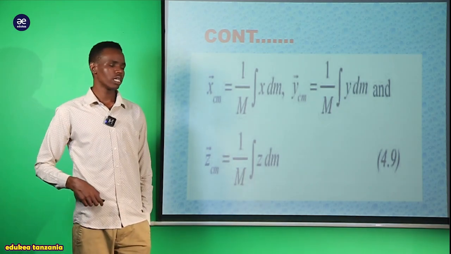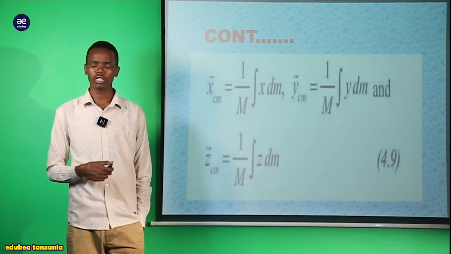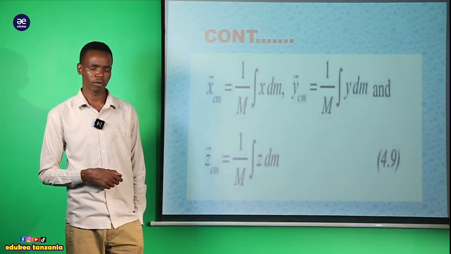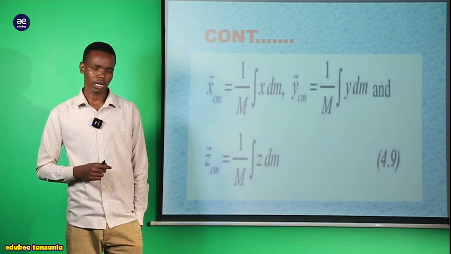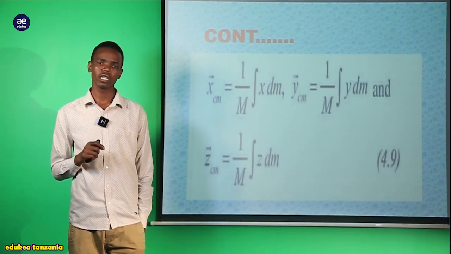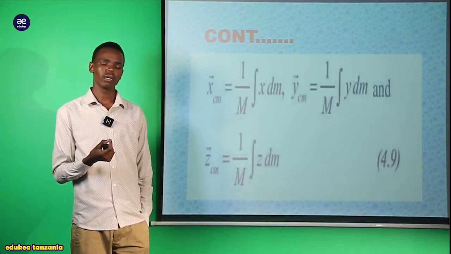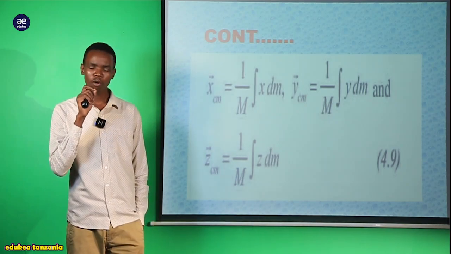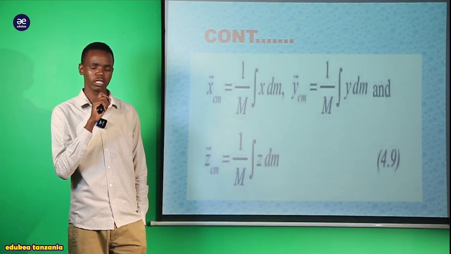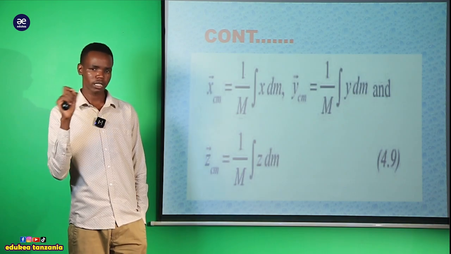So this equation here should be equation number 9 on our topic number 4, and it comes from equation 4.8. That is, in 4.8 it was given in terms of the summation, because the rigid body was in the form of a discrete.